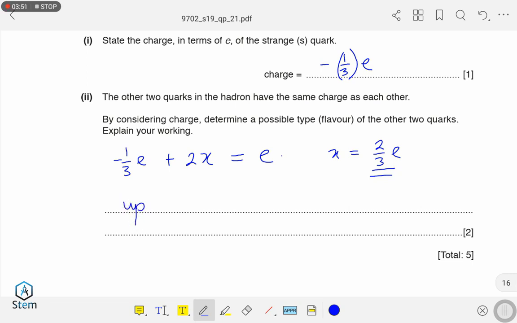You can call this an up, or you can also attribute this charge to the top or to the charm.